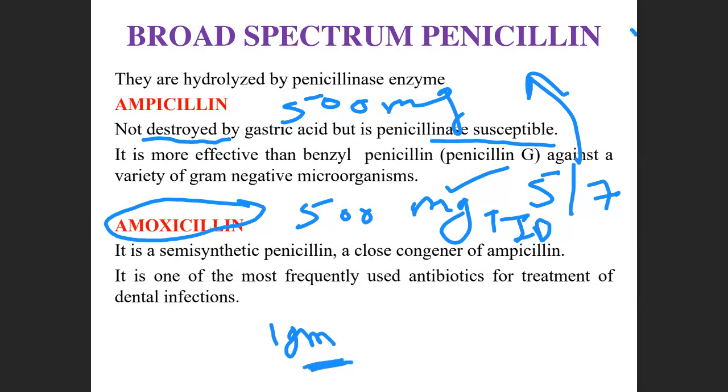This can act as a prophylaxis, to avoid more infection or to heal much better or faster. And what is this amoxicillin?